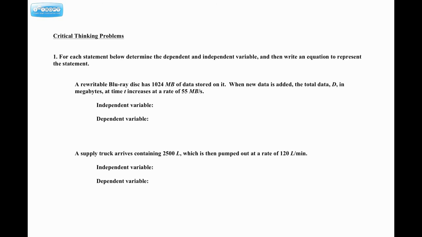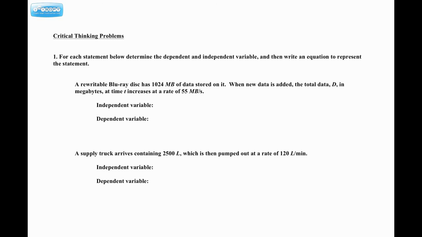When new data is added, the total data, D, in megabytes, at time t, increases at a rate of 55 megabytes per second. Okay, so that means we already have a gigabyte of data, or 1024 megabytes, to start with. But as we write more data, we can only write 55 new megabytes of information each second.